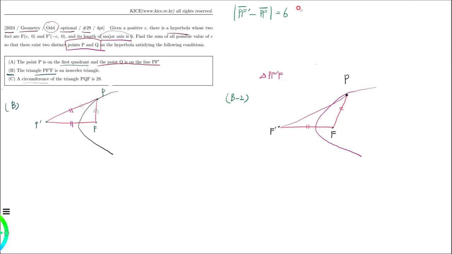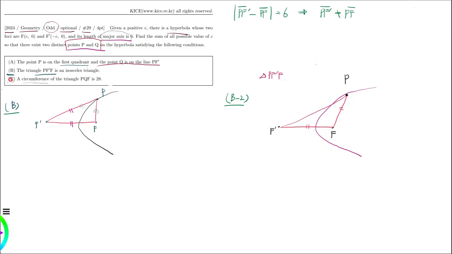Each difference is always 6, so that means the length of PF prime and PF cannot be the same. So the two cases are the whole thing that we have.